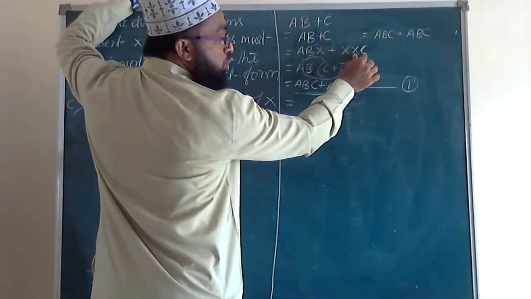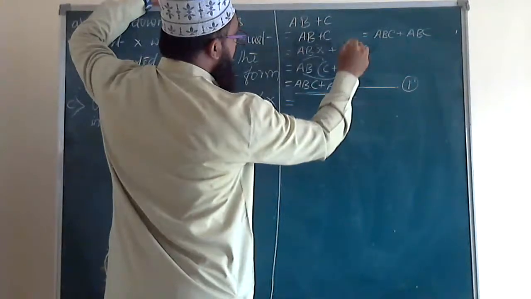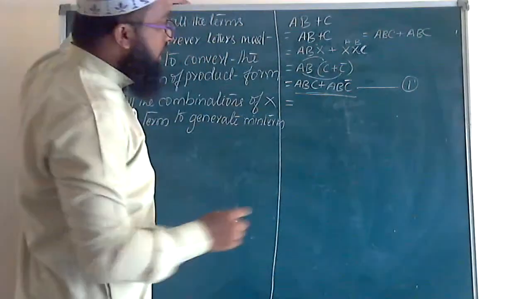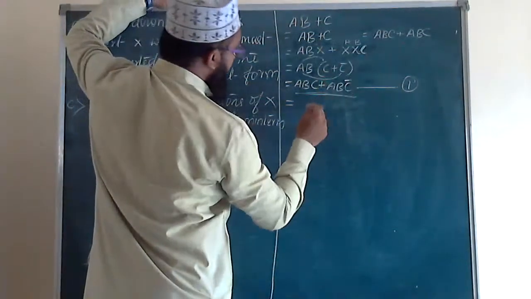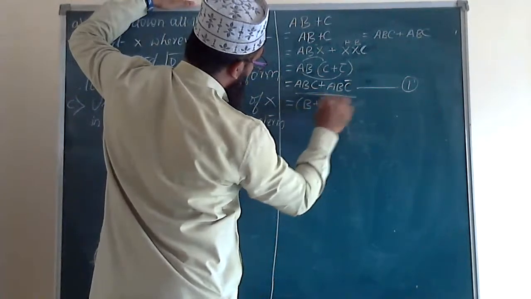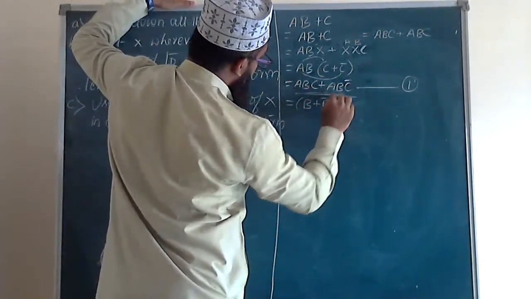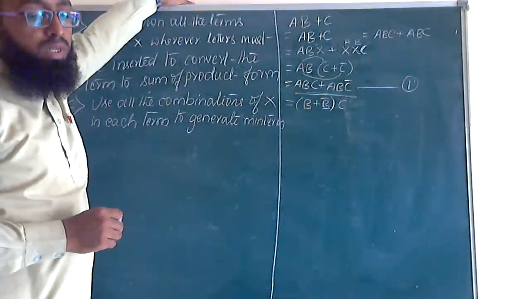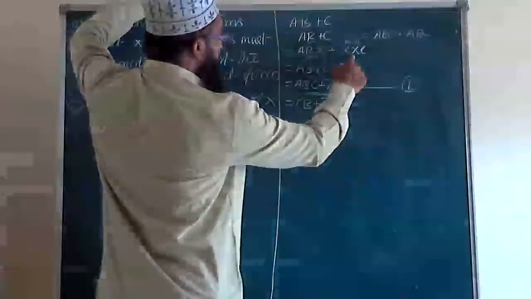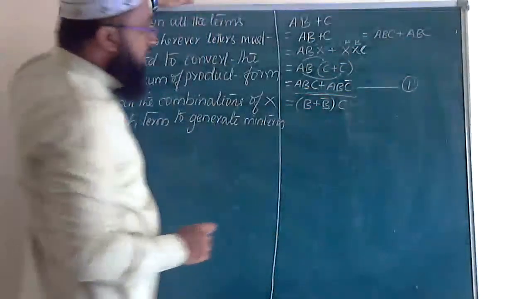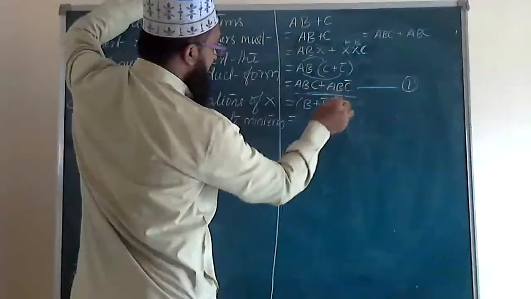Here it should be A, here it should be B. Now I will take the last term first: B plus B bar into C. Writing the combinations of X, B I will take first. So B plus B bar into C, which is equal to, expand.